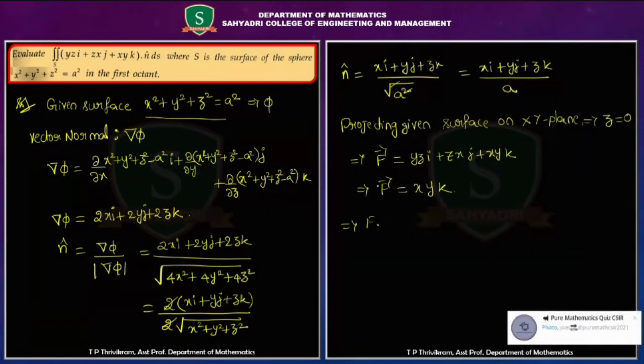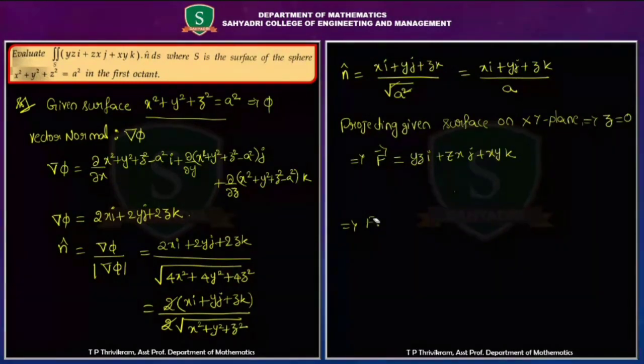Or first you can find F dot n and then substitute z equal to 0, which will be better.